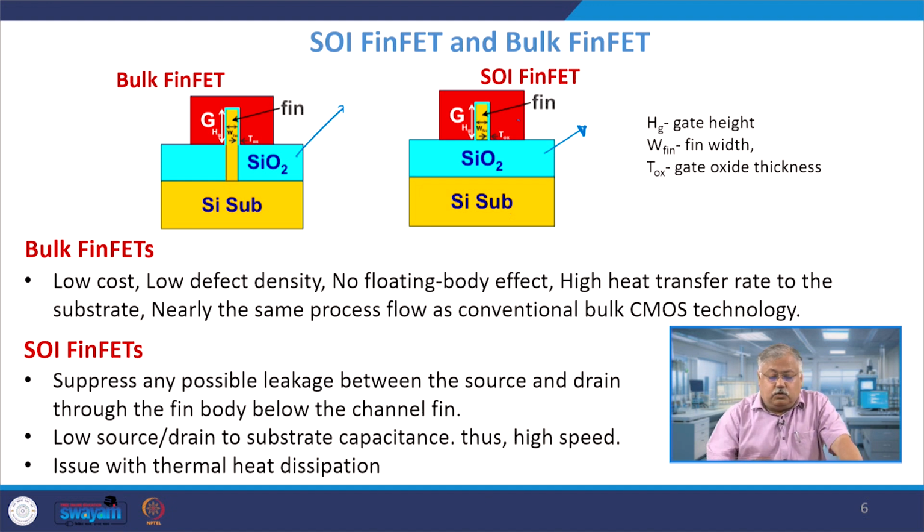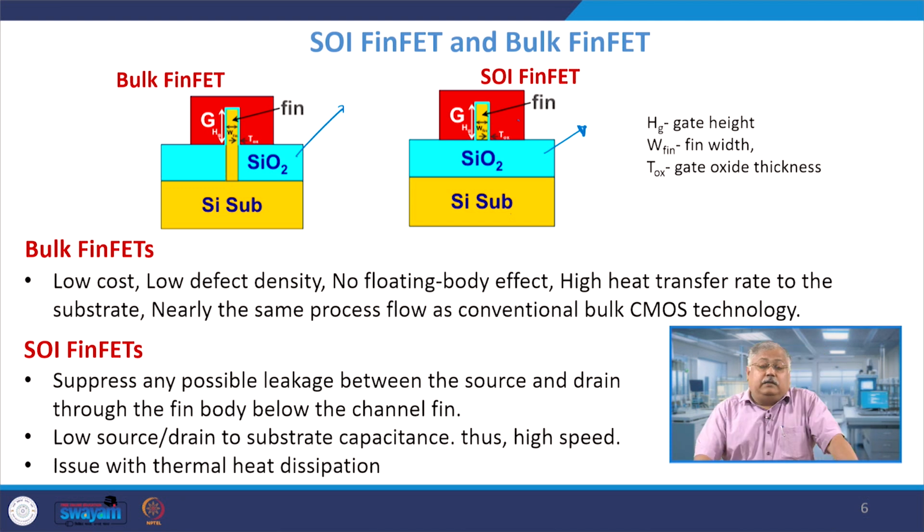As I discussed with you, the height of the fin is relatively larger in the case of bulk FinFET as compared to SOI FinFET. Bulk FinFETs obviously have some advantages: low cost, low defect density, no floating body effect unlike in SOI, and it is almost the same as your conventional bulk CMOS technology in terms of process flow.